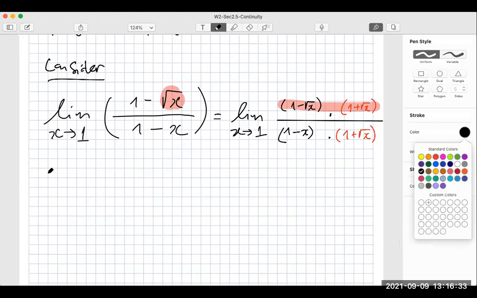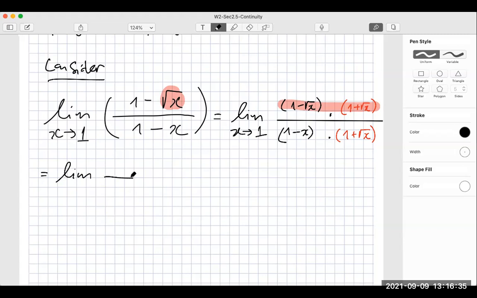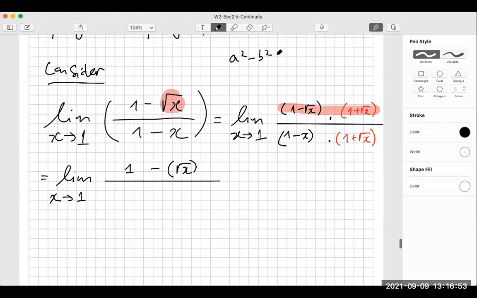1 minus square root of x, and the denominator is 1 minus x. If we multiply both numerator and denominator by the same term, the conjugate of this, which is, as Emma suggested, 1 plus square root of x, right? It doesn't change anything. But now, which formula should we use? Distribute the two binomials to each other, or use this formula: a squared minus b squared. 1 squared is simply 1.